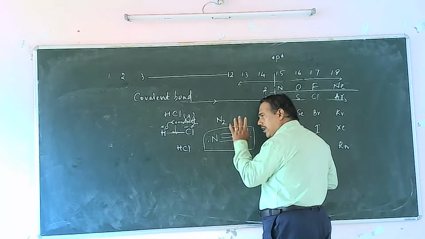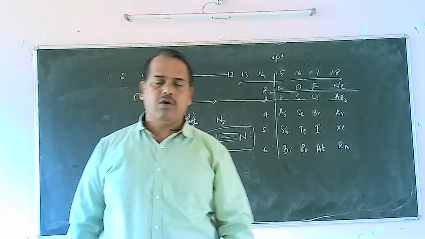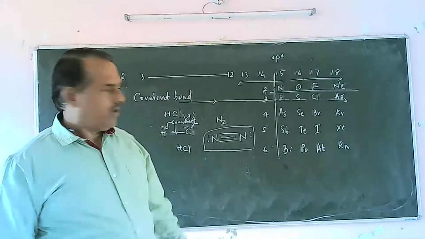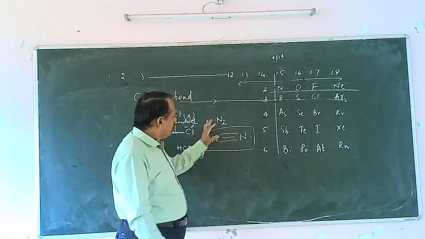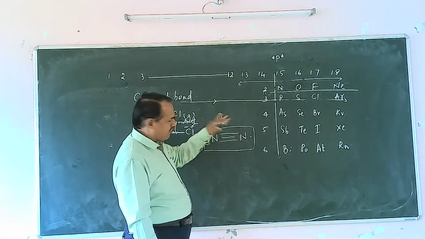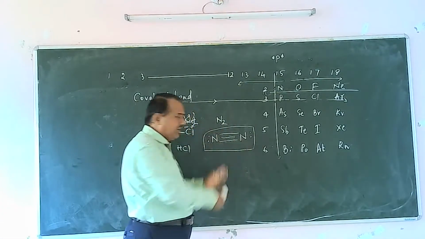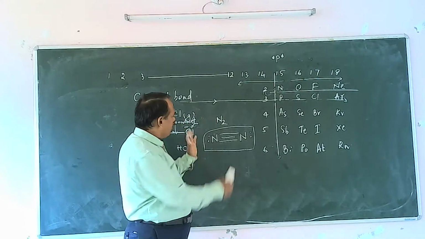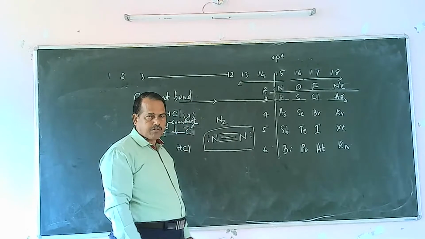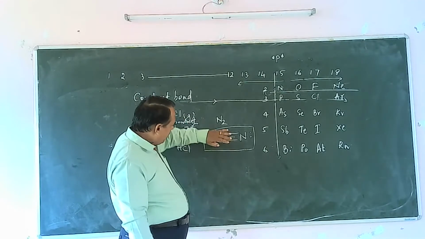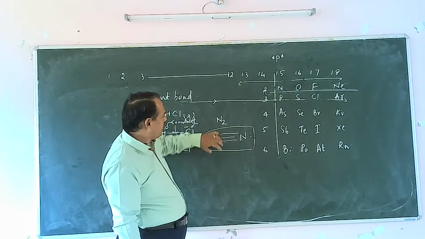In any diatomic molecule formed by the sharing of electrons, all are neutral and the electron sharing takes place equally. So in covalent bond it is actually electron sharing, and here both electronegativities are the same.